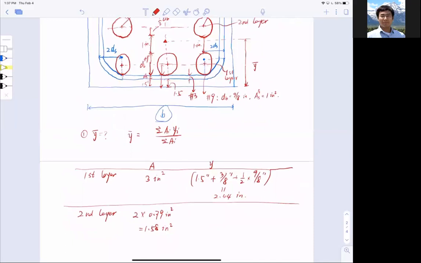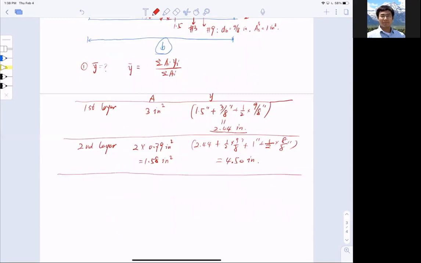This right here is 2.44, which is whatever I just calculated for the first layer. Add half of dB, so add 9/8 inch, add 1 inch, and add half of number 8 bars, so 8/8, that's 1 inch. So this is the distance for the second row, and that is 4.5 inch.